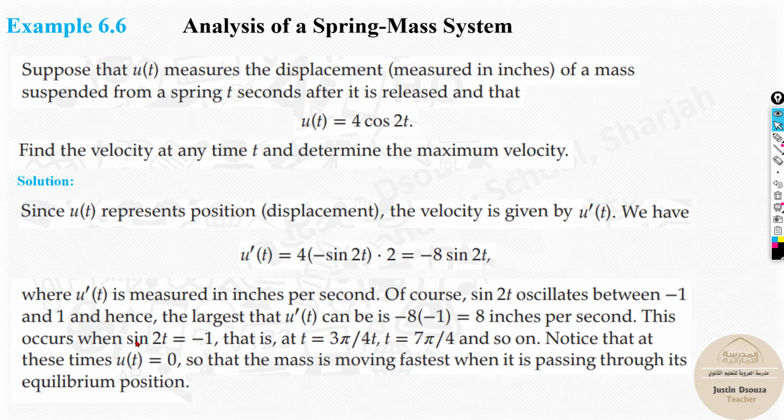Take sine inverse on both the sides. Then divide both the sides by 2, you will get sine inverse of -1 by 2. That is the time, because this cancels. So time is, if you put in calculator, you will get -1/4 pi, add pi to it, you'll get 3 pi by 4. Or you can add pi's because the period is pi in this case.